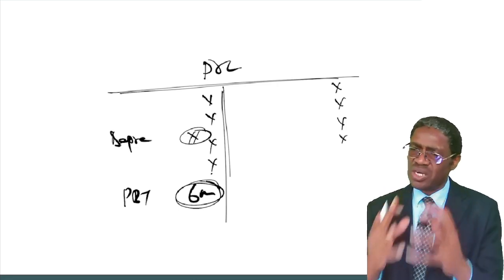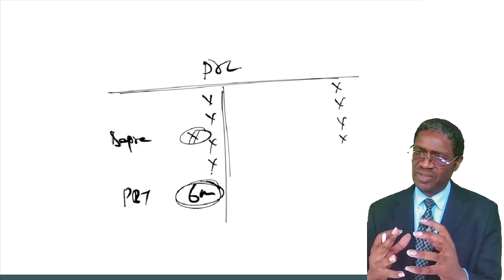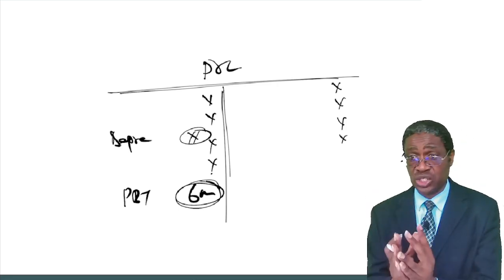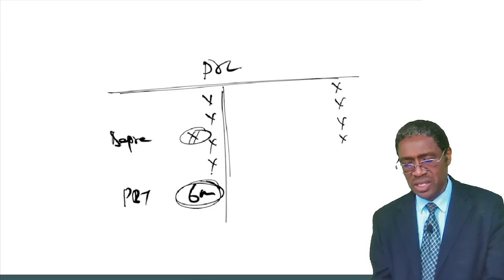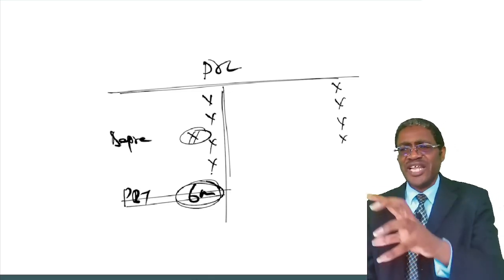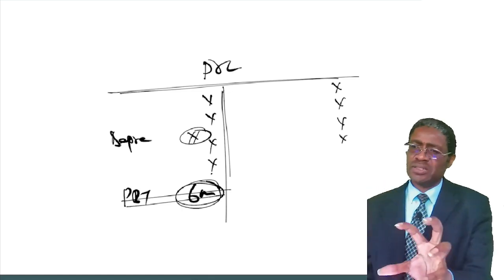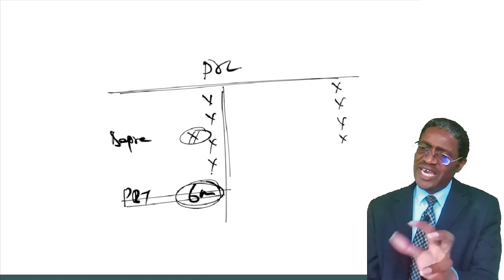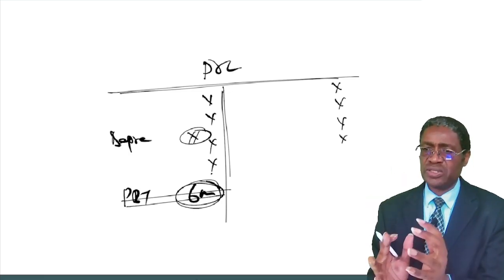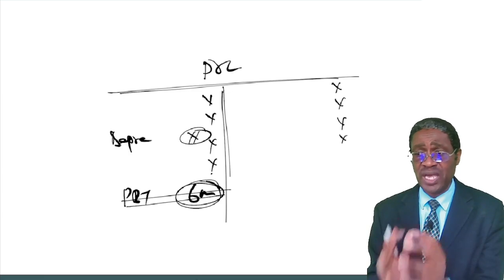So we want to ask ourselves, listen carefully now, if everything in the P&L account was by cash, what would have been this profit? So it's like we are trying to cancel the effect of that depreciation and others so that we try and get the true profit if everything was by cash.